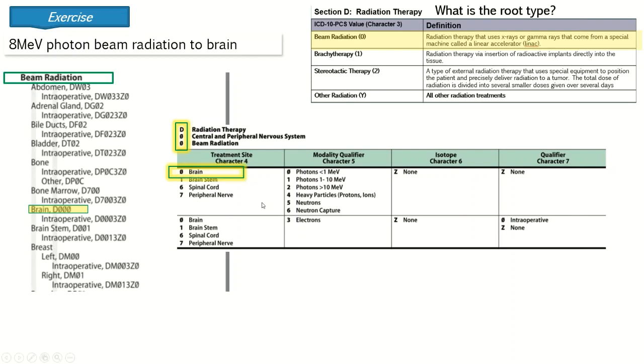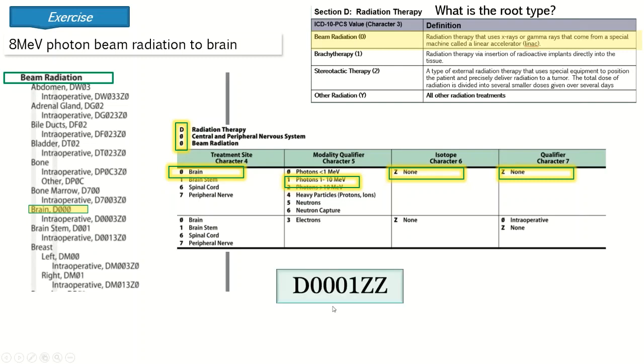We had radiation to the brain, and this is the correct row because we see our photons, 1 through 10 MeV, we have 8, it falls right there. Our isotopes, none. Our qualifier, none. And our code, D0001ZZ. How are you, coders? Did you get that correct? You know what? I'm pretty confident. I think you did. I'm pretty sure you did.